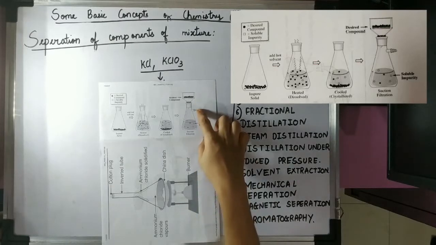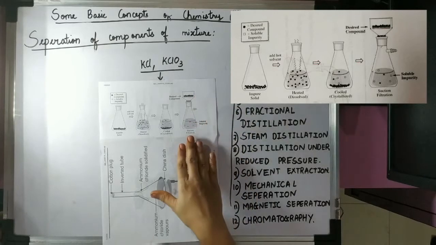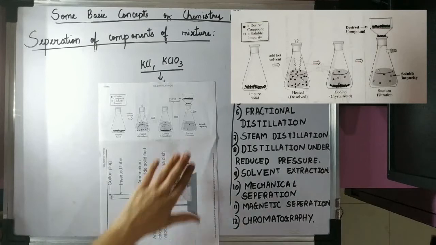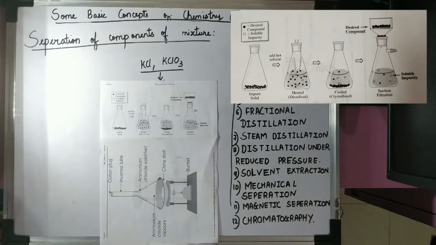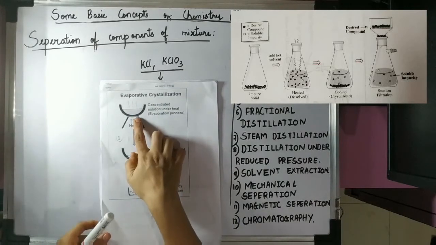Here we have KClO3, and in the solution we have KCl as well as water. If I also want to separate KCl, I can boil off the water, remove all of it, and then separate KCl using the crystallization method we used earlier. This is the image for crystallization. With KCl and water, we can use this evaporative crystallization.